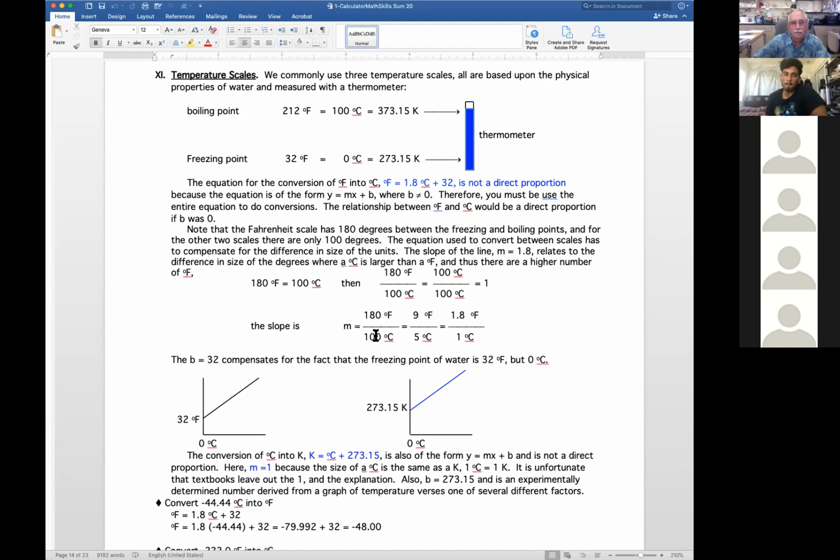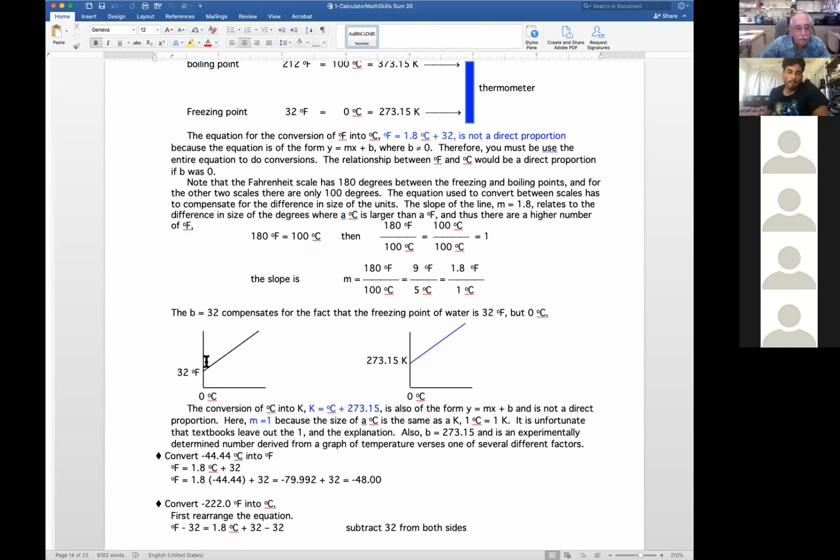Then what do I do about this not being 0? Well, this turns out to be b. So if I were to graph it, on the x is centigrade, on the y is Fahrenheit. If I'm looking at this equation right here, what happens at 0 degrees Celsius? If that were 0, then this cancels out, and then F would be equal to 32.